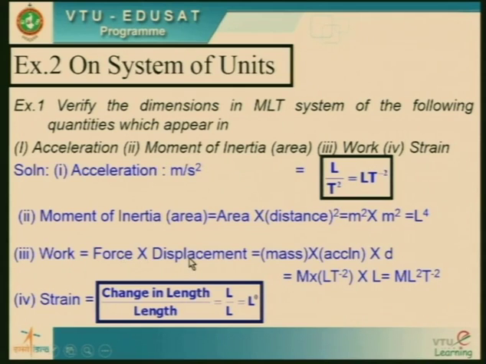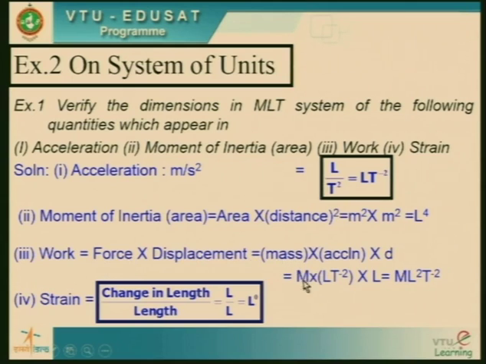So, let us see the basic force into displacement. Force is defined by mass into acceleration. You remember the formula, F is equal to ma, same thing. So, F is equal to ma, it means mass into acceleration into displacement.